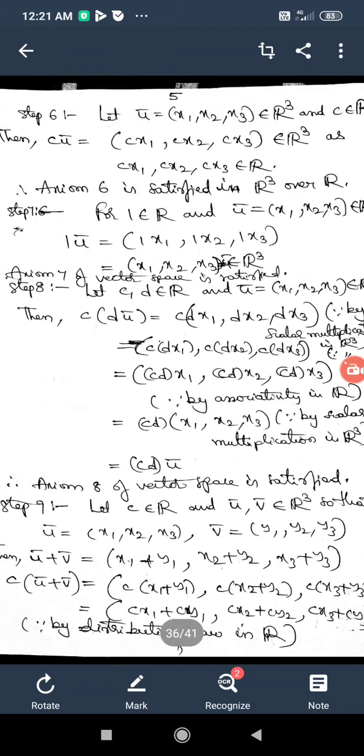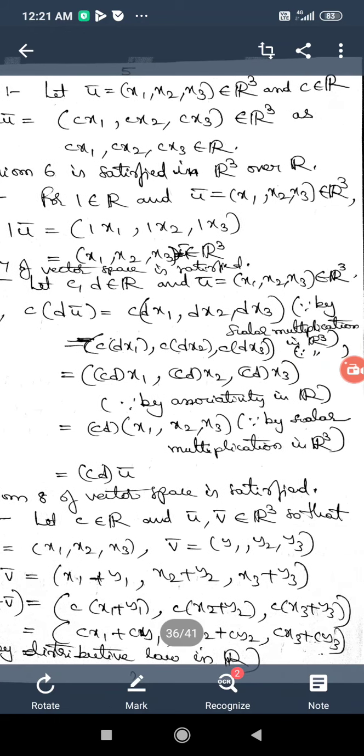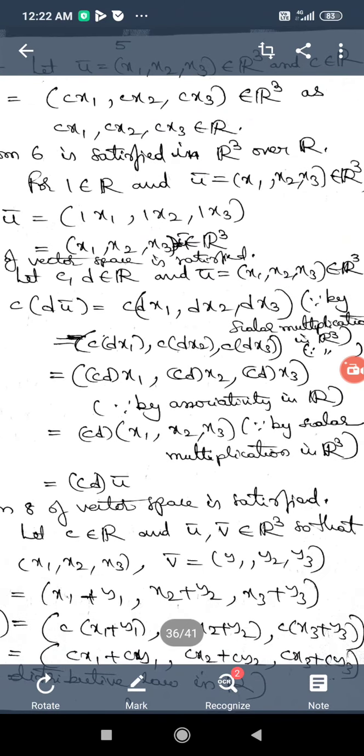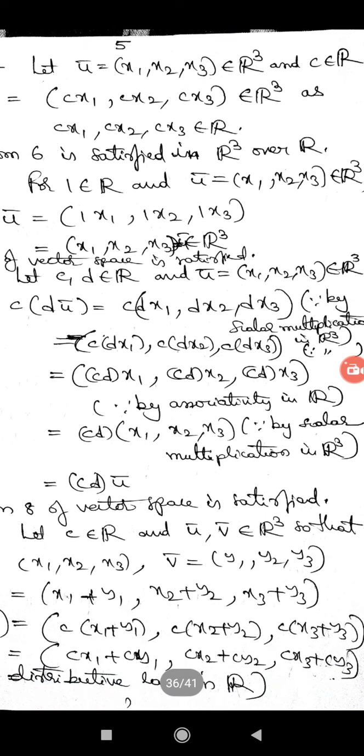This is further equal to c times dx1, c times dx2, c times dx3 by the same reason, the scalar multiplication in R3, and it is further equal to cd times x1, cd times x2, cd times x3, and this we could do by the associative axiom with respect to multiplication in the set of real numbers.